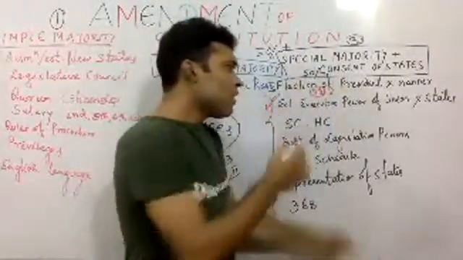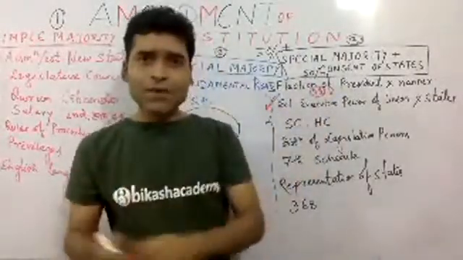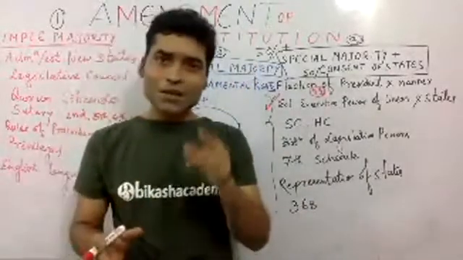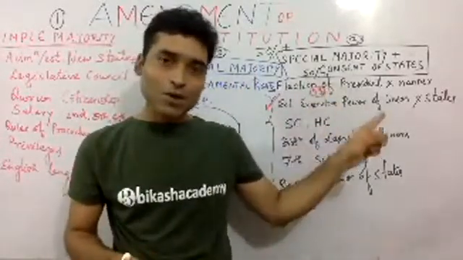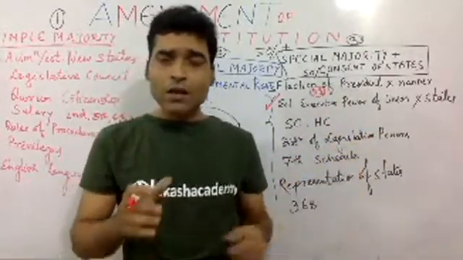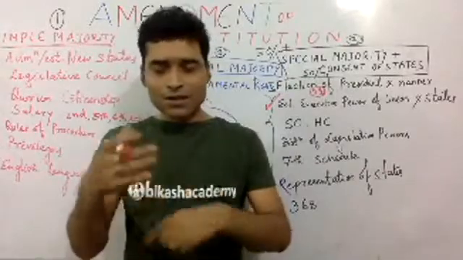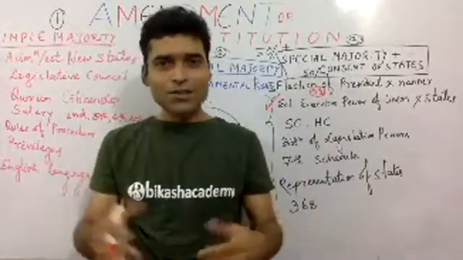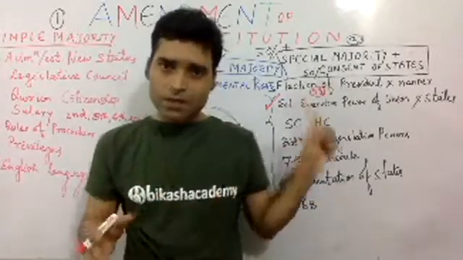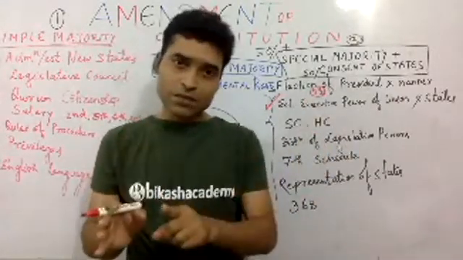Next, whenever there is extension of executive power between Union and states, you require special majority plus consent of states. In the case of the Supreme Court and High Courts, their structure and internal changes also require special majority plus consent of states.